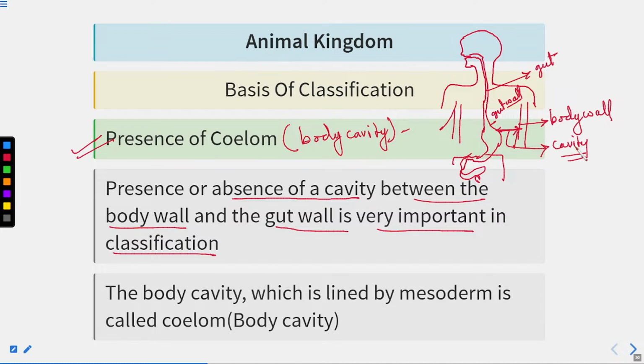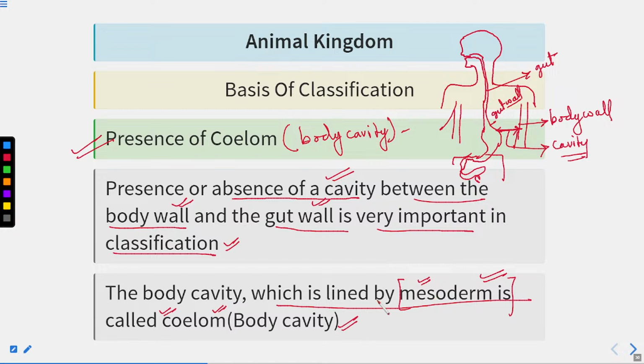Heart is present, lungs are present. So the cavity will either be present or absent, and this is very important in the classification. The body cavity which is lined by the mesoderm is called coelom. So if it is a true coelom, then it will be lined by the mesoderm. This is a very, very important point, and it has been asked many times in examinations.